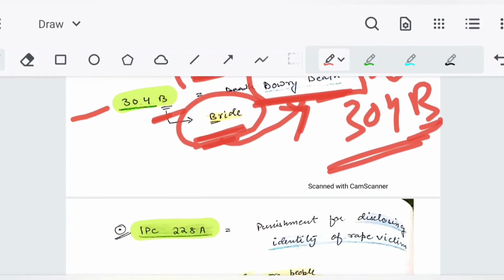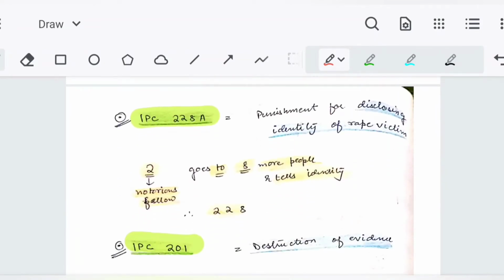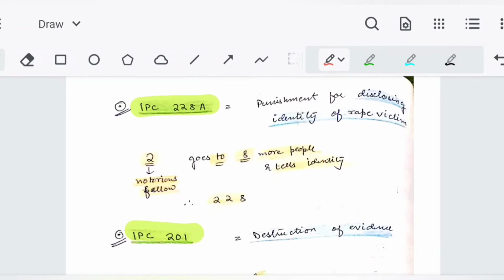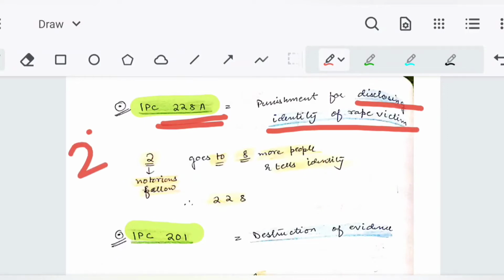Okay, now coming to the next one, IPC 228A. It is the punishment for disclosing the identity of a rape victim. So 2 here is a very notorious fellow.